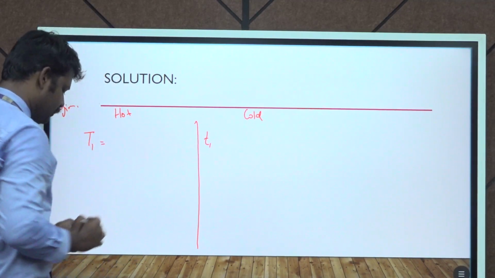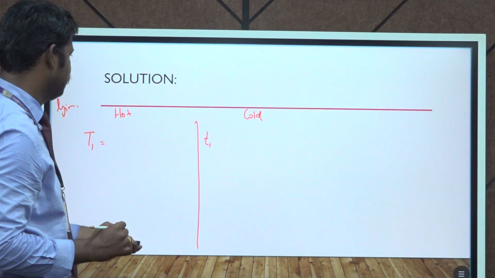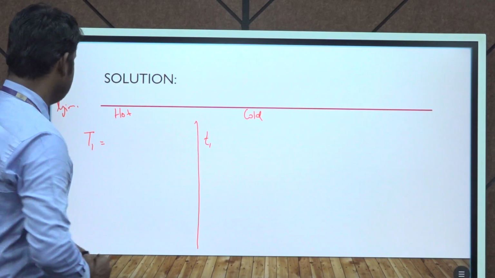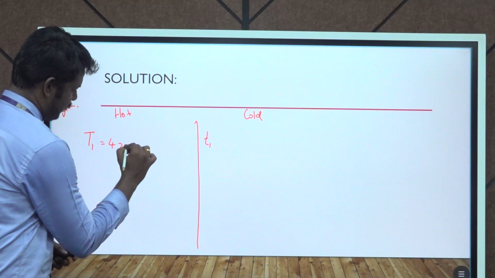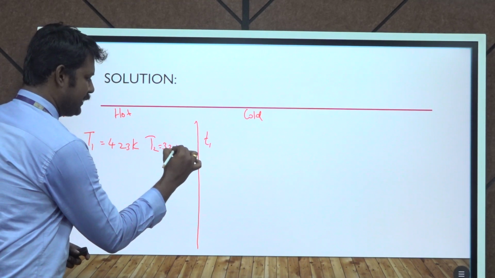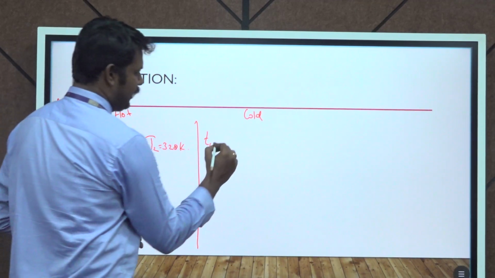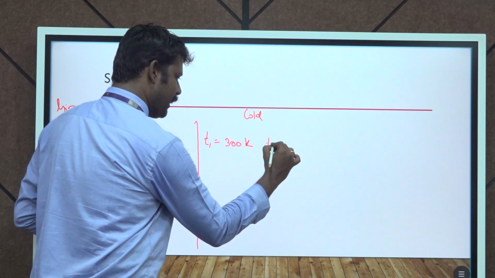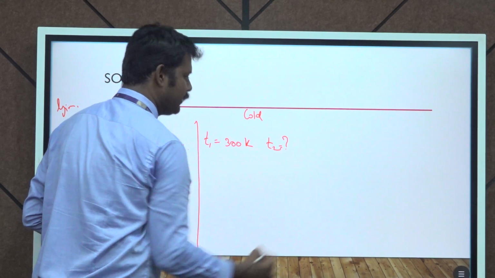Okay, so T1 will be 423 Kelvin and T2 will be 328 Kelvin, and small t1 will be 300 Kelvin, and we have to find out the small t2.